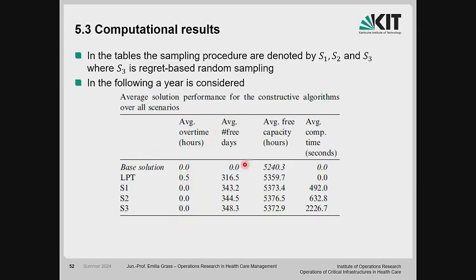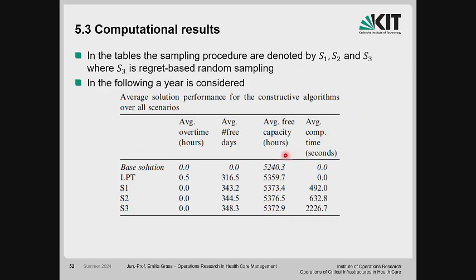Then the number of free days. If we use the base solution, then we don't have any free days available anymore, so everything is packed. Here we have the average free capacity, and you can see it's not that much in comparison to, let's say, random sampling or regret-based sampling.